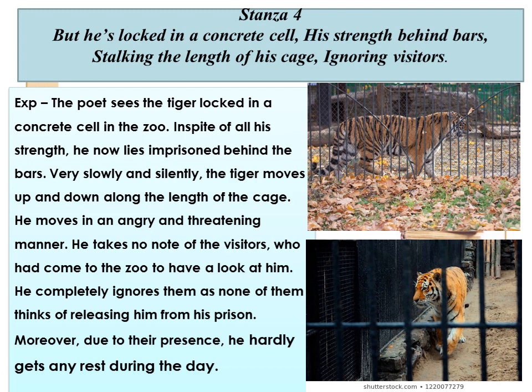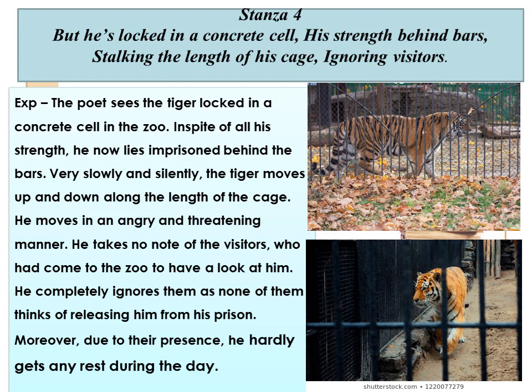This tiger is a very powerful animal with strong claws and white, strong fangs. That is his teeth. Stalking the length of his cage, he is helpless. He cannot do anything except move around inside the cage, stalking, walking inside the cage, ignoring the visitors.